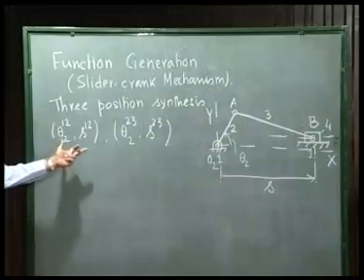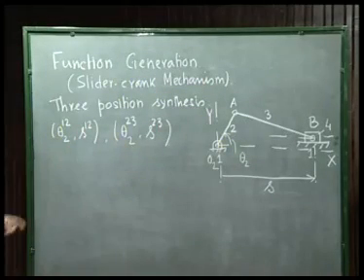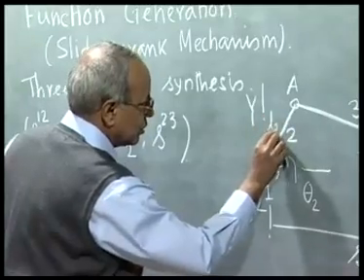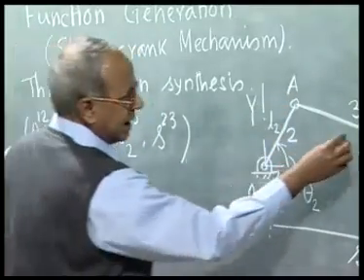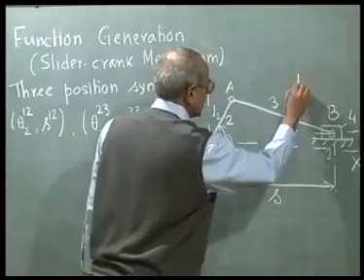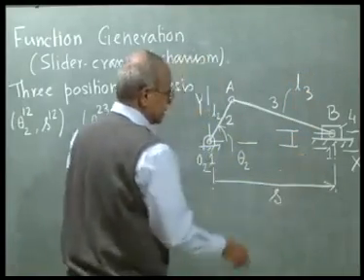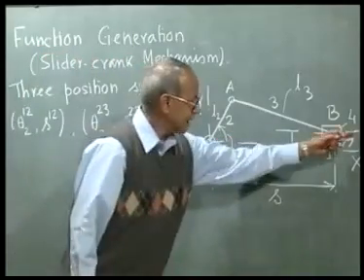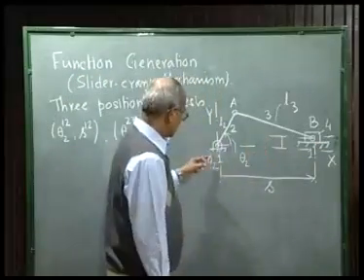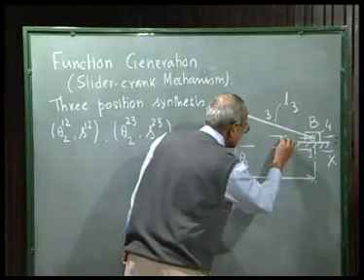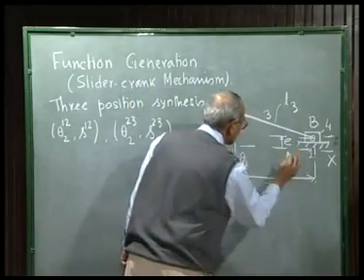So these 2 pairs are prescribed, and we have to come out with the kinematic dimensions of this linkage, namely the crank length, that is L2, that is O2A, AB, that is the connecting rod length L3, and the amount of offset, that is the distance of the slider movement line from the x-axis along the vertical direction or y-axis, that is E. That is the amount of offset.